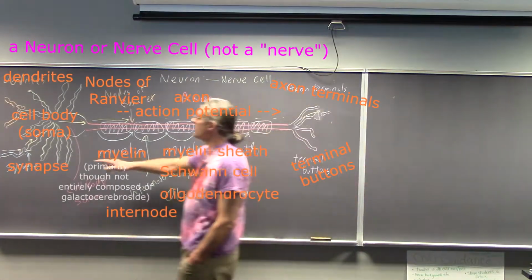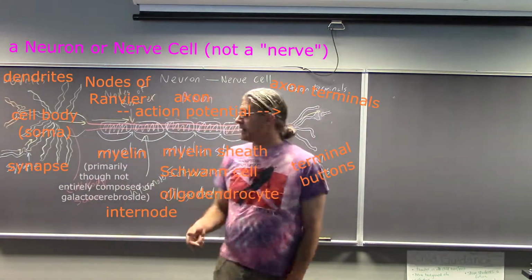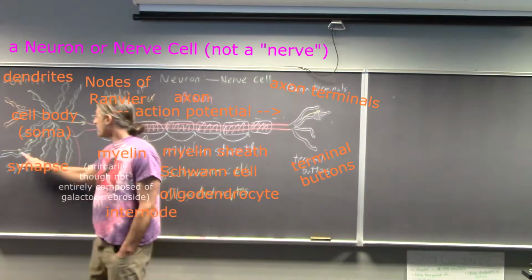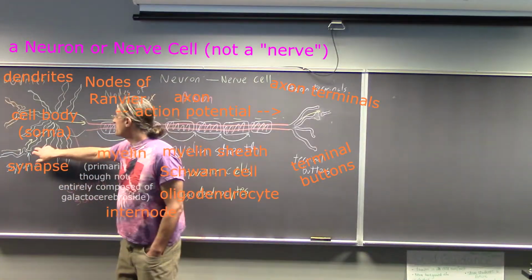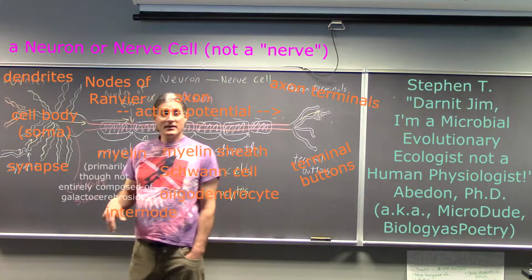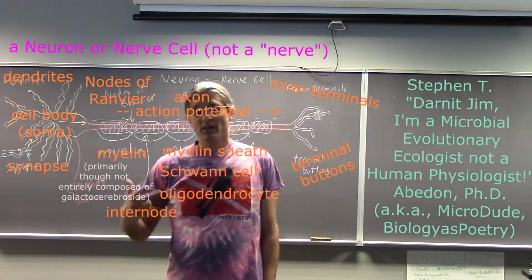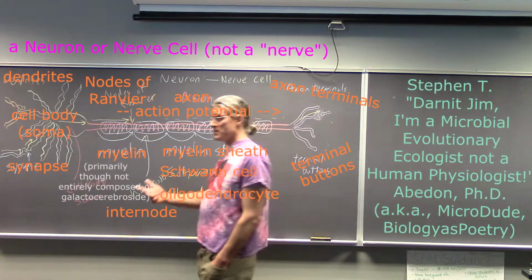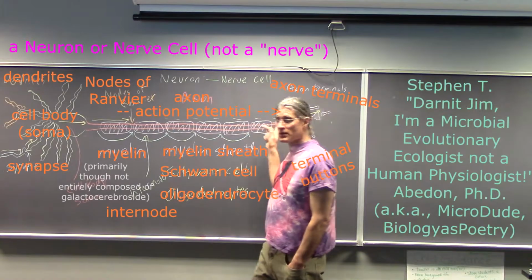So we have this input of information at the dendrite end, at the cell body end. We have, for example, neurons that have synapsed with the dendrites or the cell body. Those neurons at those synapses don't necessarily supply enough depolarization to cause an action potential to occur.